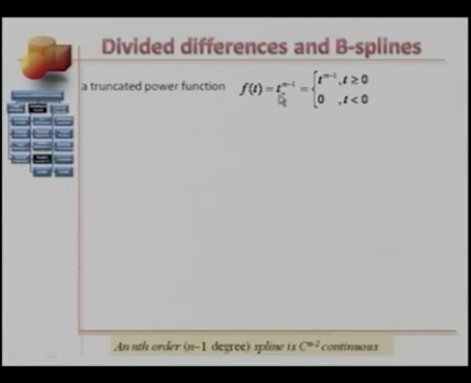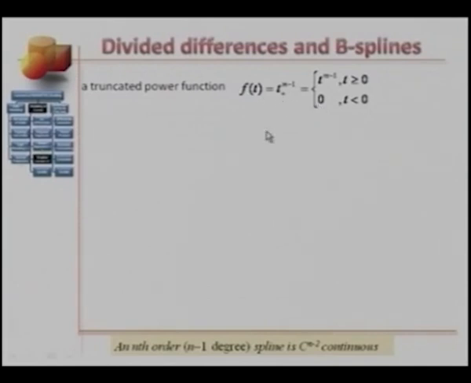For values of t greater than or equal to 0, t_+^(m-1) is equal to t^(m-1). And for negative values of t, this function is 0. You can think of this function getting truncated at t equals 0.